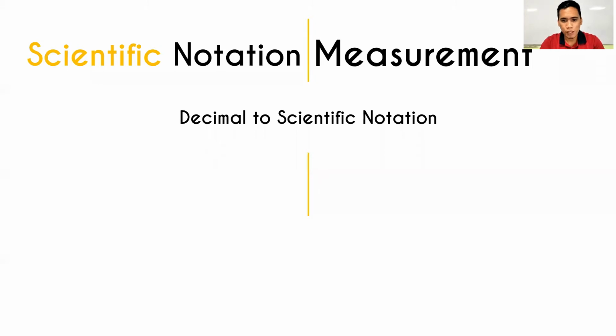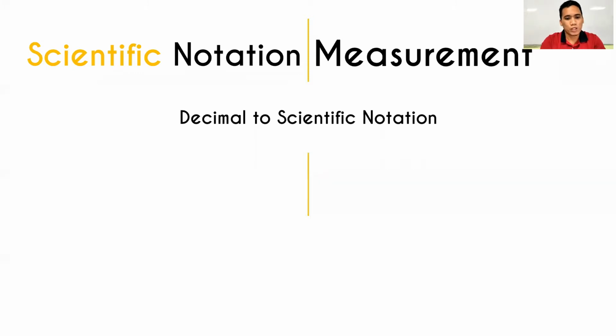Okay, scientific notation has several rules. We have 4 rules. 2 of them are the conversion of decimal to scientific notation, and the other 2 are the reverse, which is scientific notation to decimal.